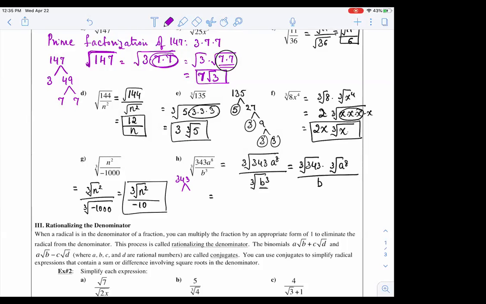No. Is it divisible by 7? Yeah. Okay, so 7 times what is 343? 49. So we are going to split that 49 into 7 and 7. So these are the 3 numbers. So then this is going to be cube root of 7 times 7 times 7.